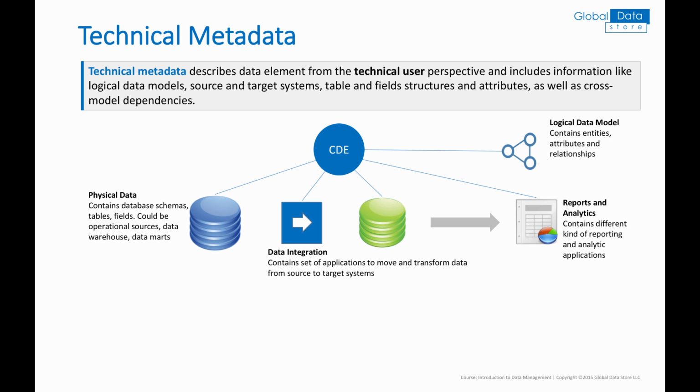Technical metadata describes a data element from the technical user perspective, and includes information like logical data models, source and target systems, table and field structures, as well as cross-model dependencies.